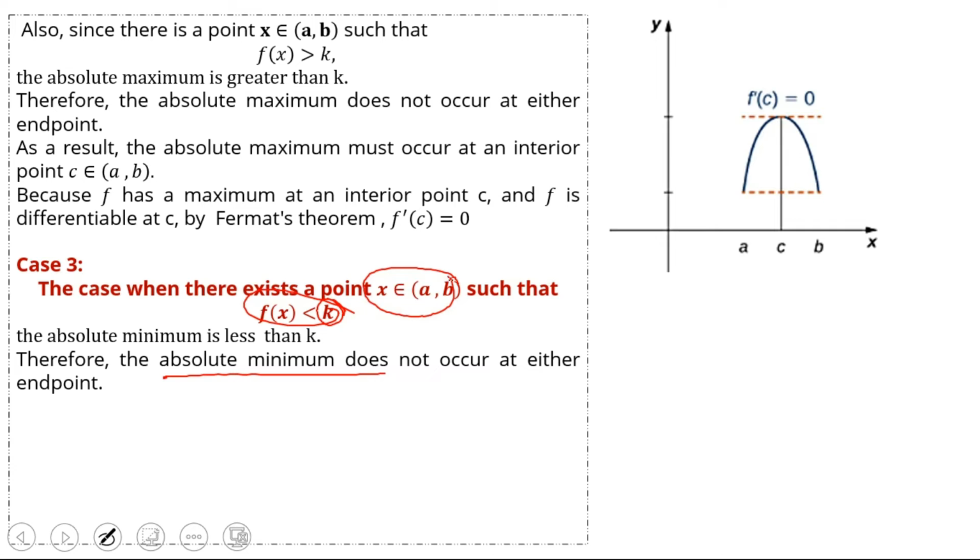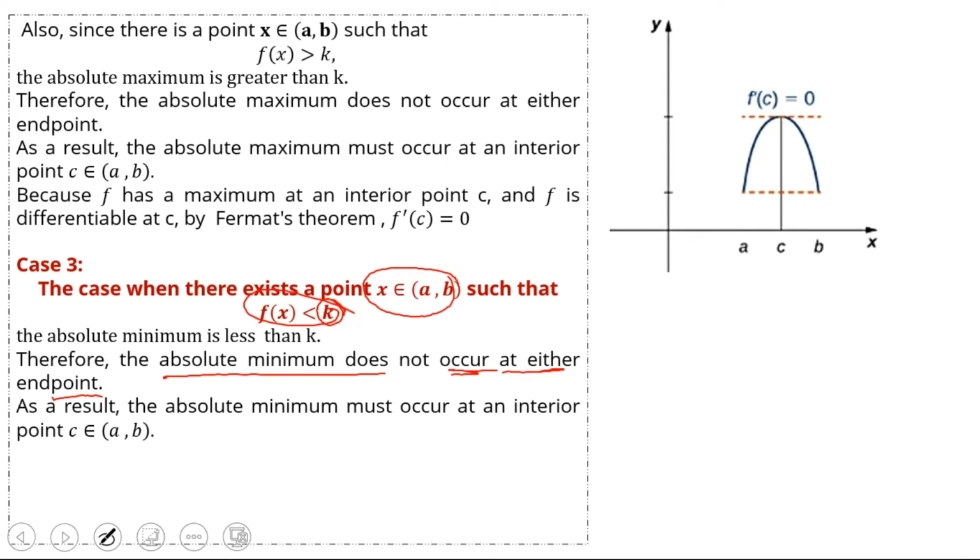So this means the absolute minimum does not occur at either end point; the absolute minimum will occur somewhere inside the interval.